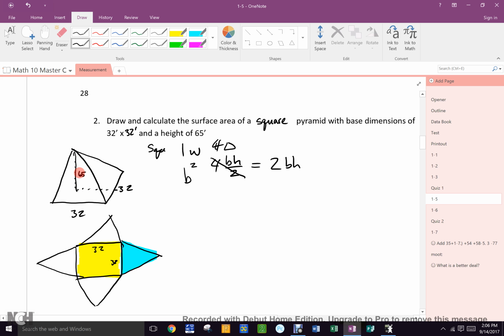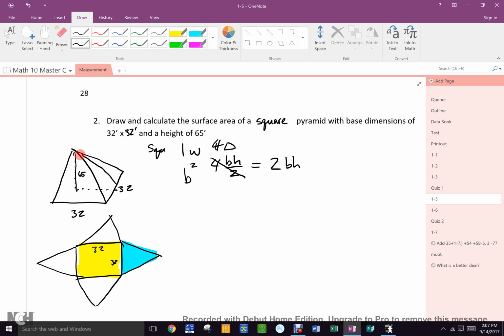Is that height the height I need for a triangle? No, it isn't. Why, Sam? I need the height that goes up the side of the pyramid, don't I? That's what makes it tricky.